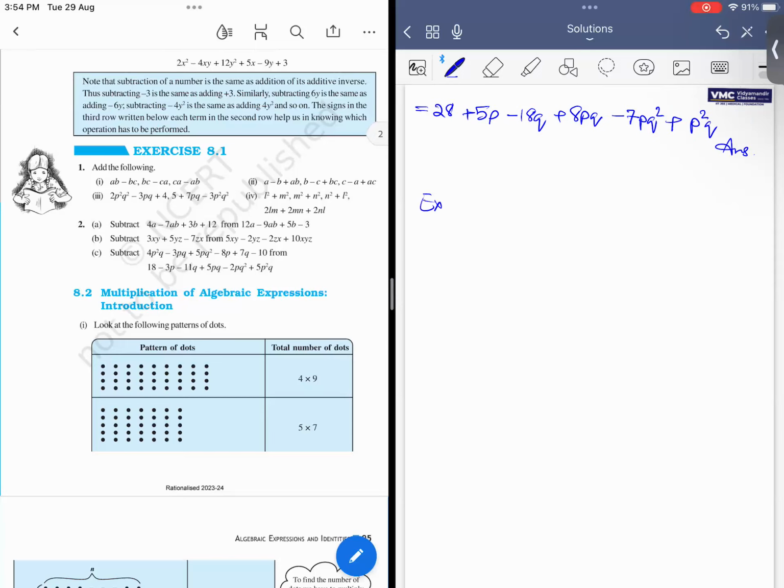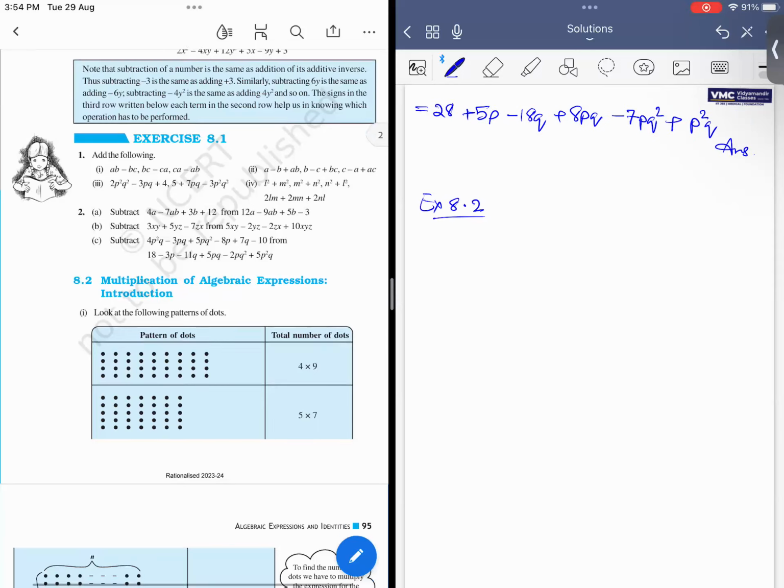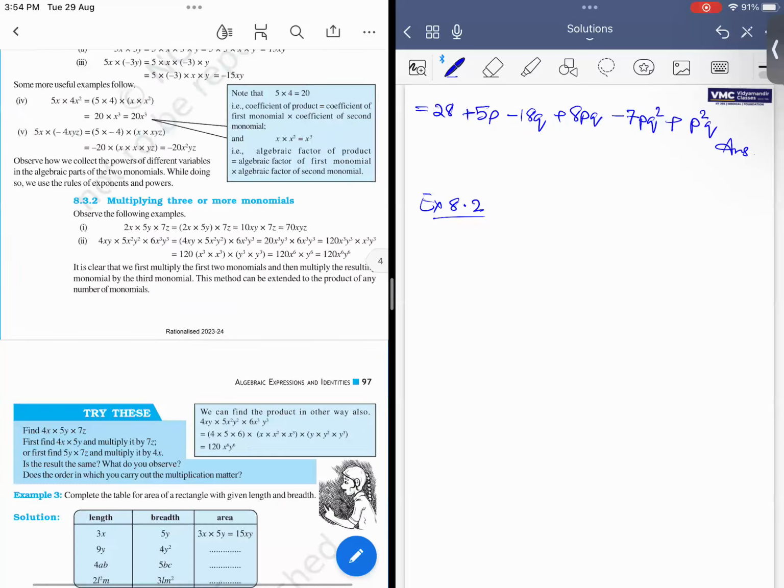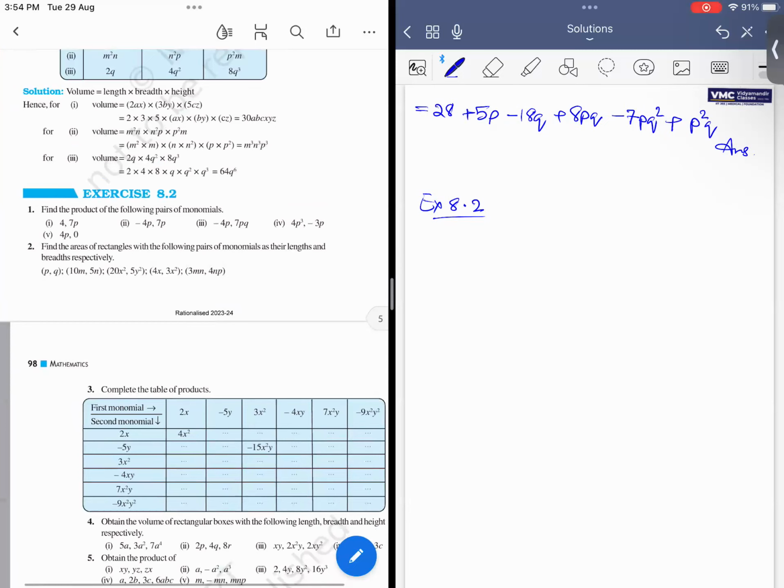Come to exercise 8.2. Earlier, exercise 8.1 consisted of addition and subtraction of the terms. Now here we have to do the product, as you can see in question 1.